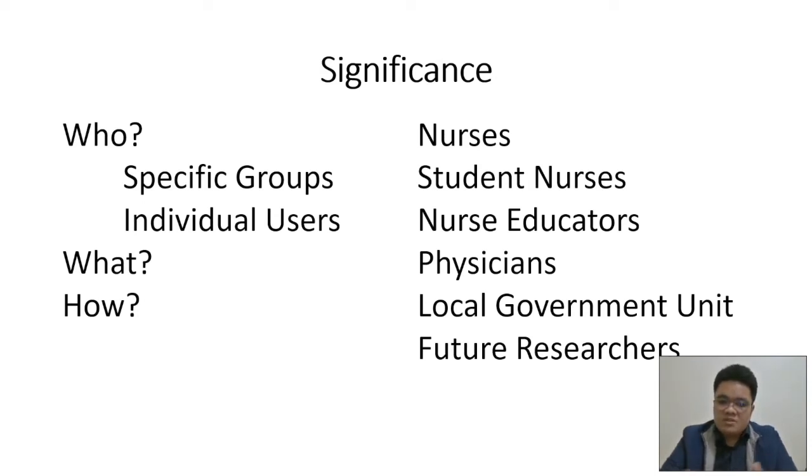Now, be careful because oftentimes we are embarking on descriptive, comparative, and correlational researches. This type of research does not measure the impact that we are giving to the respondents, or to other sets of population. So we could not say that the nurses or the student nurses will become more intelligent because we did not give them an intervention to make them more intelligent.